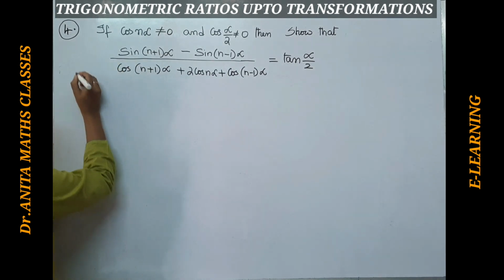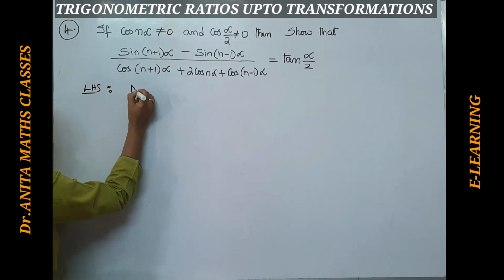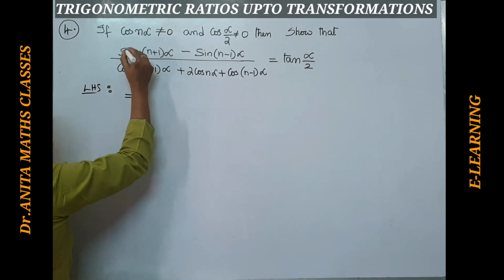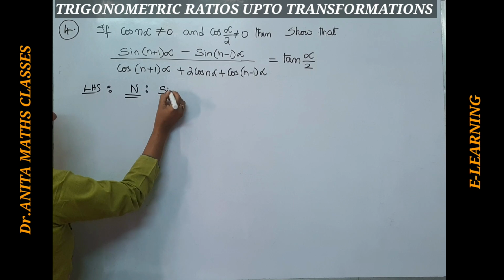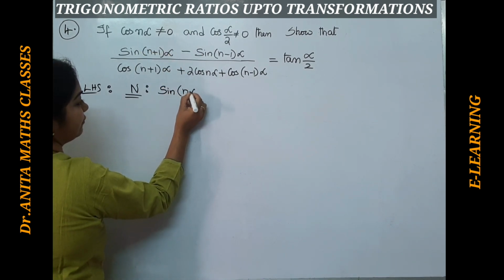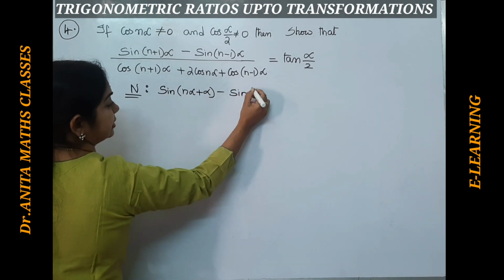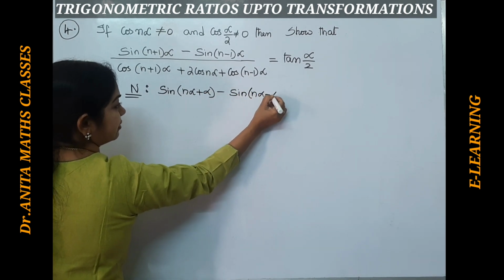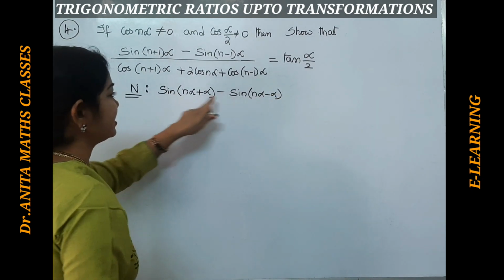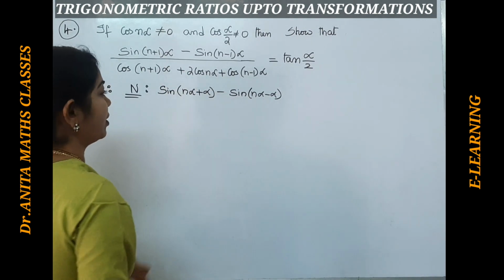Let us take the LHS part, only the numerator. Let me open the bracket: sin (n alpha plus alpha) minus sin (n alpha minus alpha). So this is only the numerator part. Now this is sin A minus sin B. Let us transform it into the product.